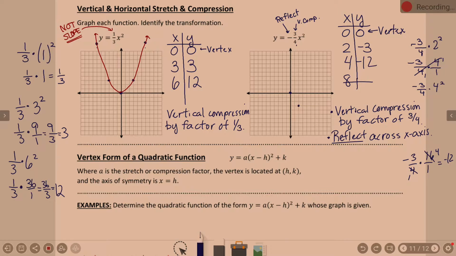So, 0, 0. Right 2, down 3. Right 4, down 12. That's the right half of the parabola. And you can do the same thing on the other side. We went right 2, down 3. I'm also going to go left 2, down 3. And left 4, down 12.